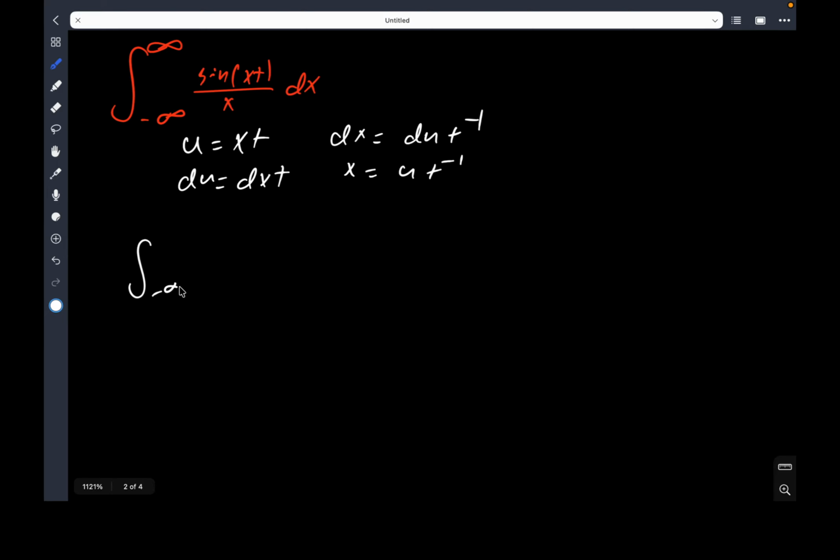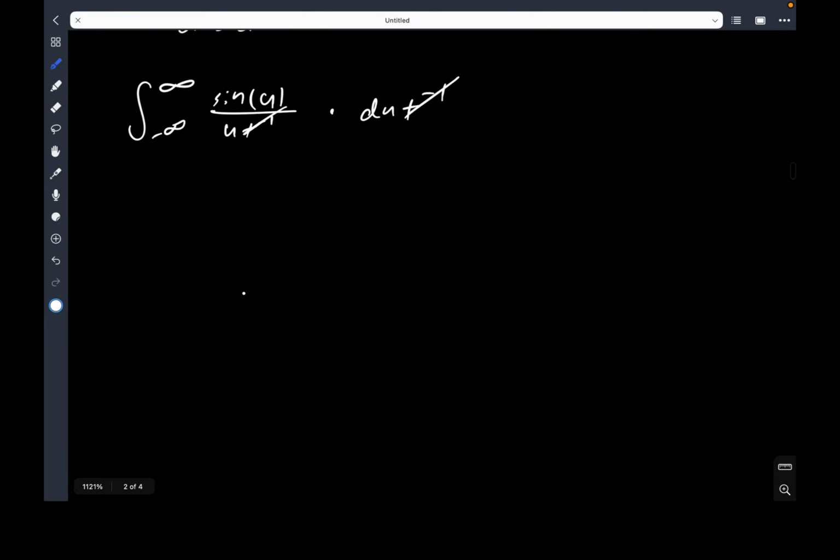And if I do the replacement here, it is sine of u over u t to the negative 1 times du t to the negative 1, and these t to the negative 1s cancel out, which means that my integral as a whole is the same as sine u over u du.